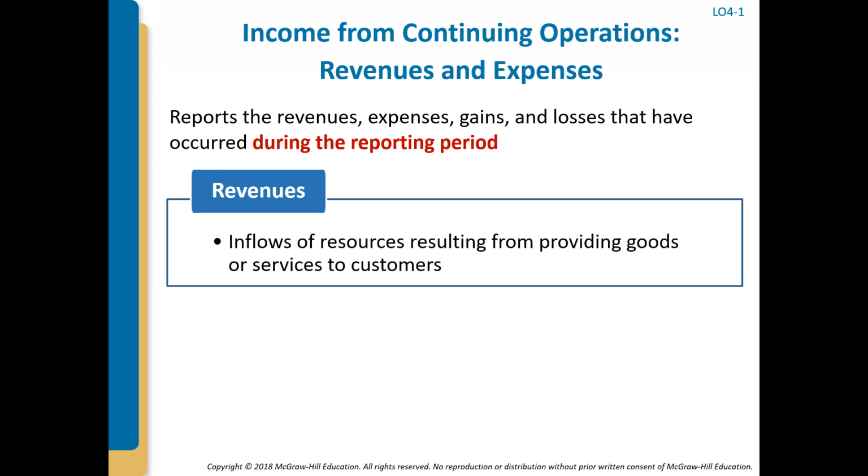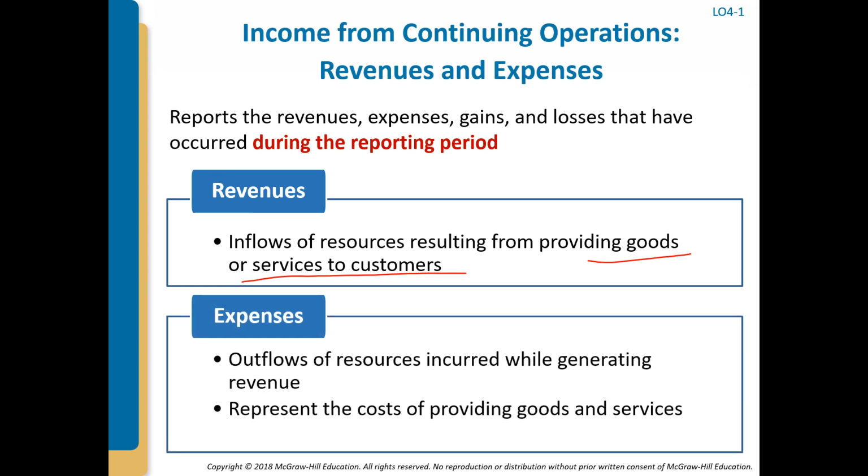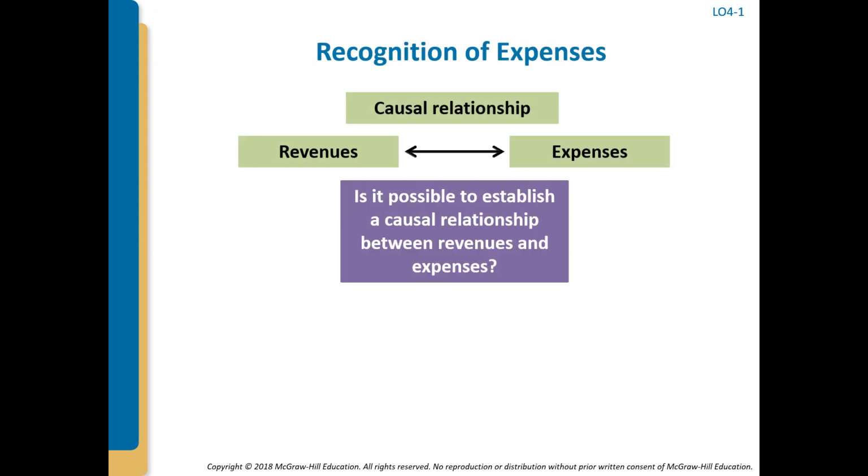Revenues are the inflows of resources resulting from providing goods or services. If you sell goods or services, you are receiving revenues. And expenses are the outflows of resources, meaning money is going out, incurred while generating revenue, and it represents the cost of providing goods and services.